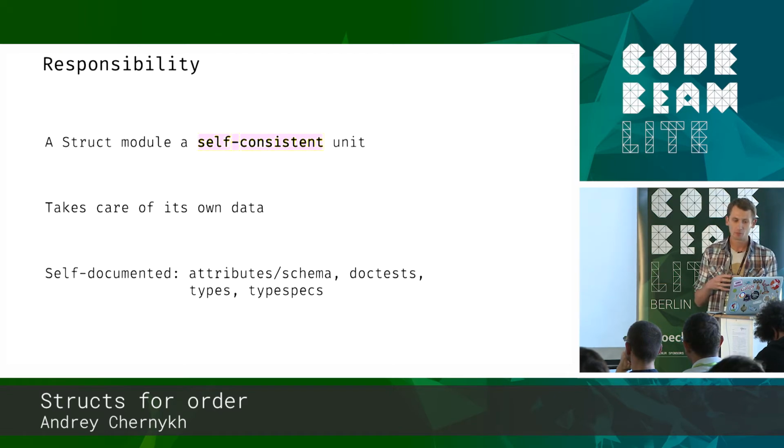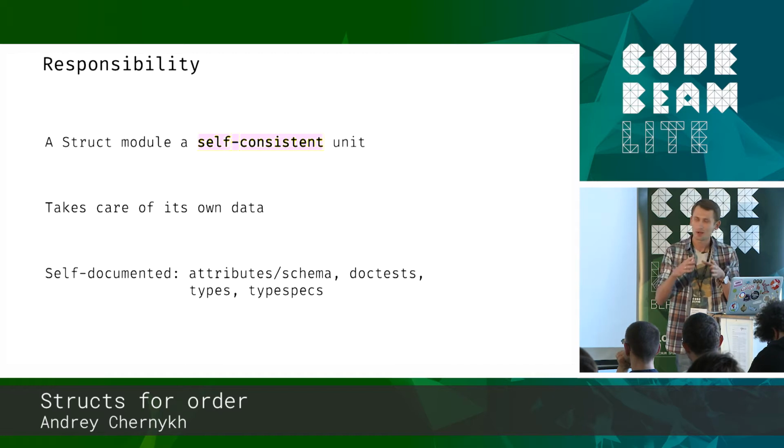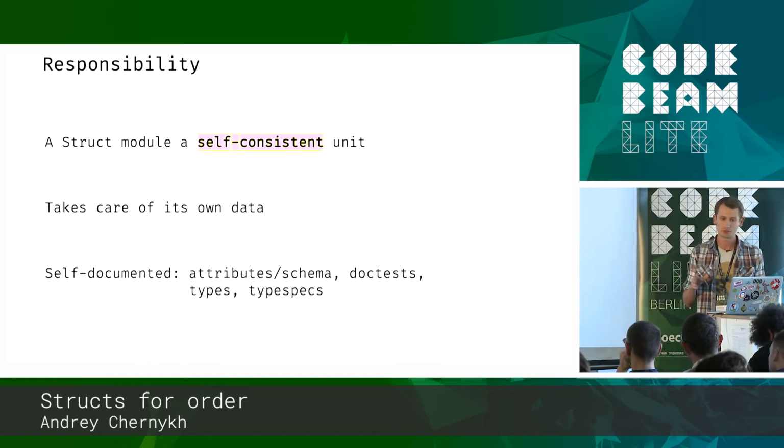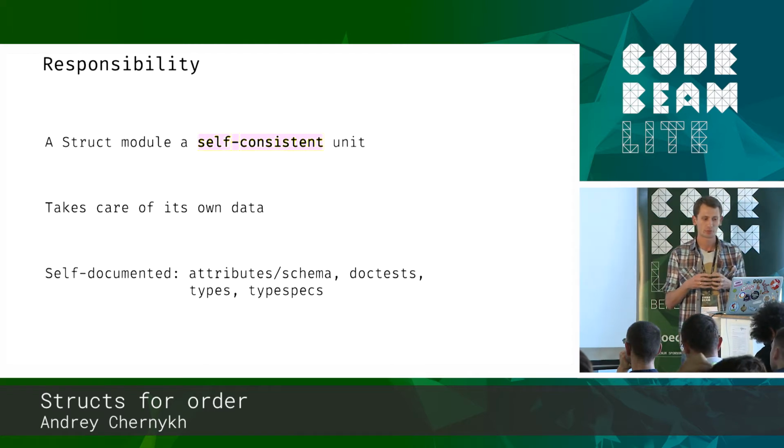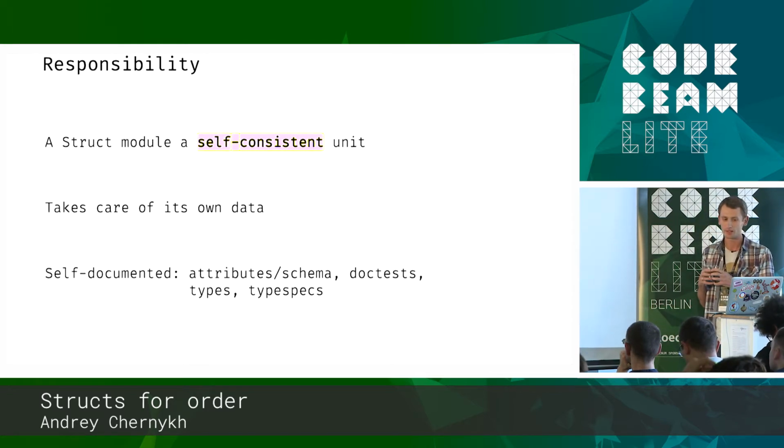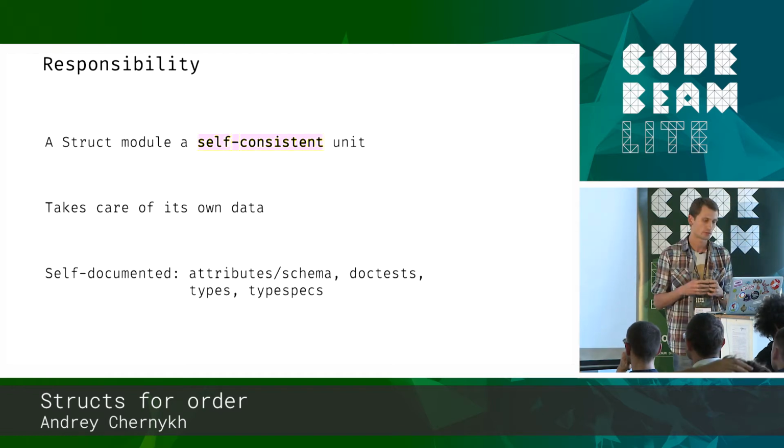Why can't we have a model with, as I said, a structure itself, not just a bunch of fields? It's a module itself, and why can't we have a module with data definition and some additional behavior or responsibilities in it?